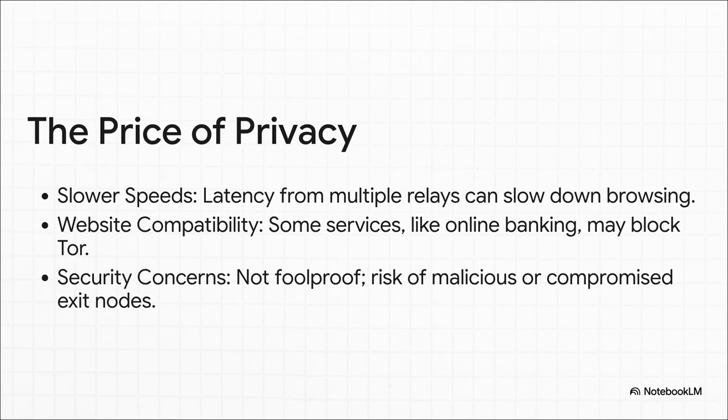First off, speed. All those relays mean things like streaming video are pretty much out of the question. Second, compatibility. Lots of services, especially things like online banking, will just flat out block connections coming from Tor. And finally, you have to remember it is not a magic invisibility cloak. It anonymizes your connection, but you still need to be smart about what you do and what information you share online.